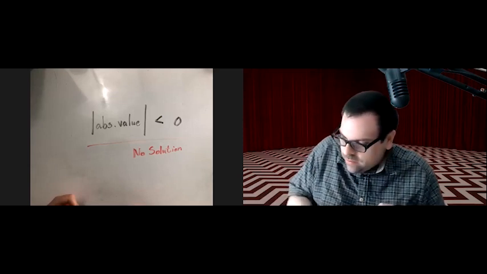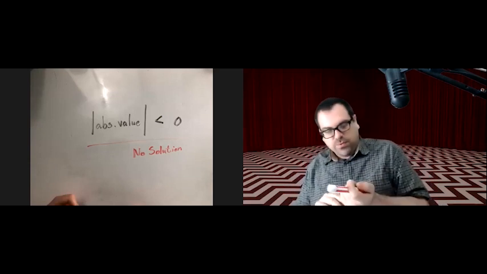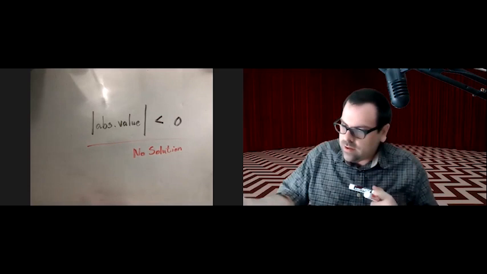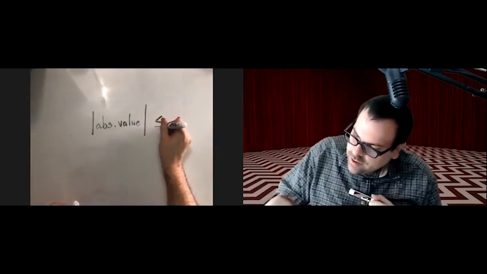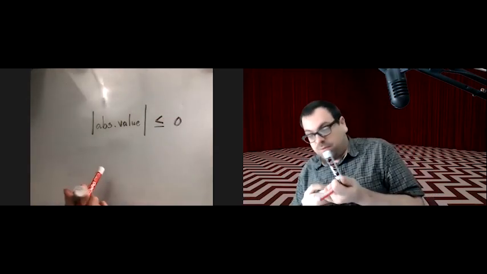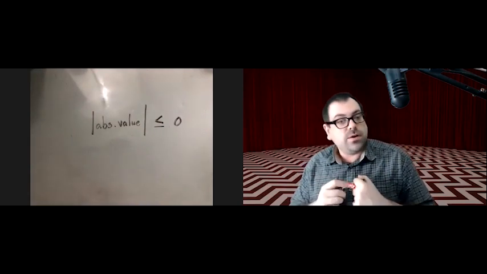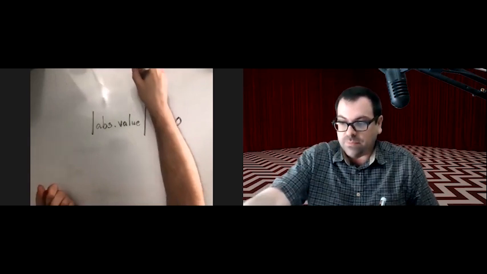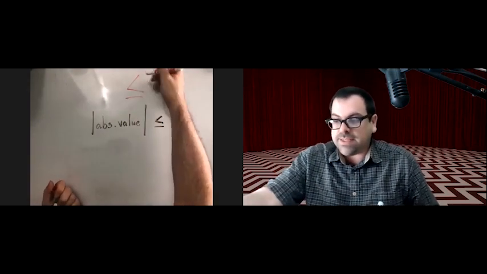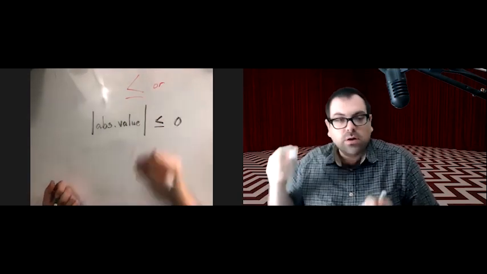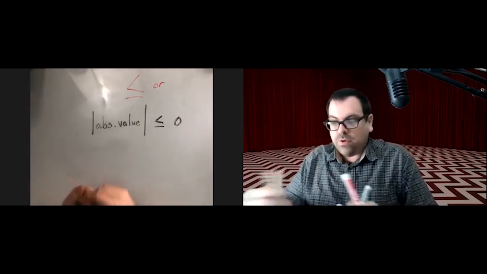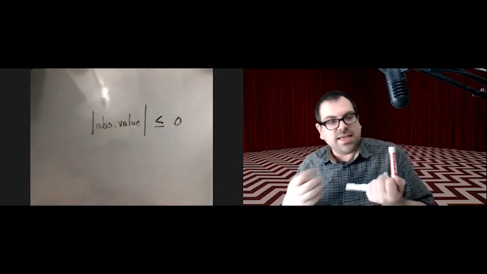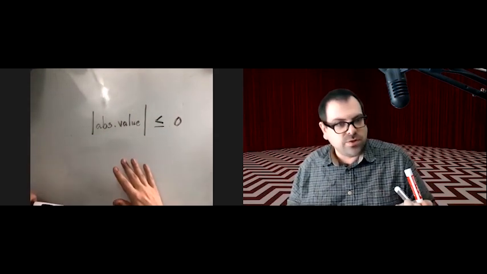What about if it did have the or equal to here? Absolute value less than or equal to 0. Well, remember what this means. This symbol means less than or equal to. We just showed that if it was just less than 0, there would be no solution.